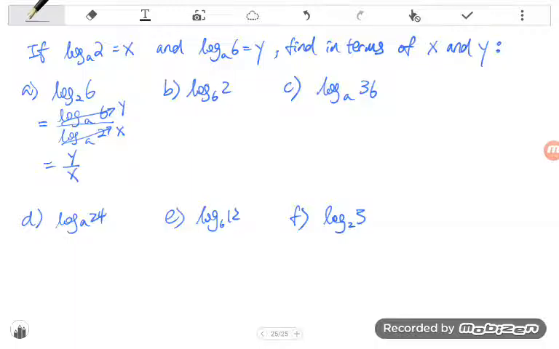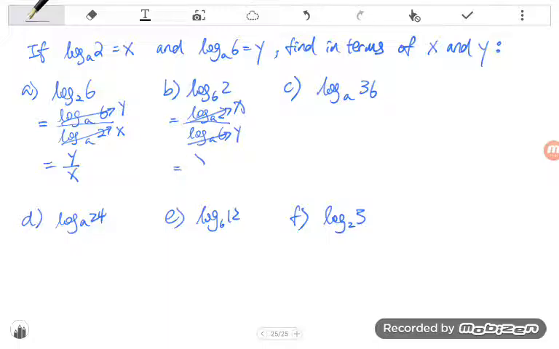Alright. Next one, let's do part B. So log 2 to the base of 6, very similar. I'm going to break it down into log 2 to the base of a over log 6 to the base of a. This becomes y. That becomes, oh, sorry, that's x. That's actually x. This is x, and this is y.